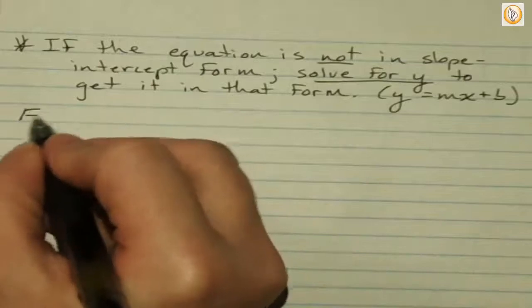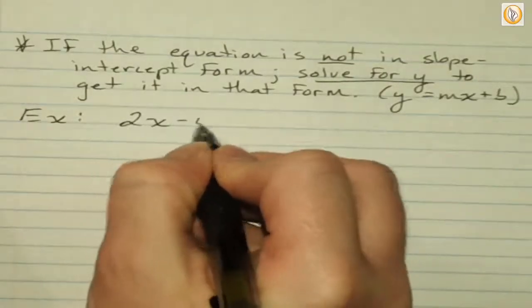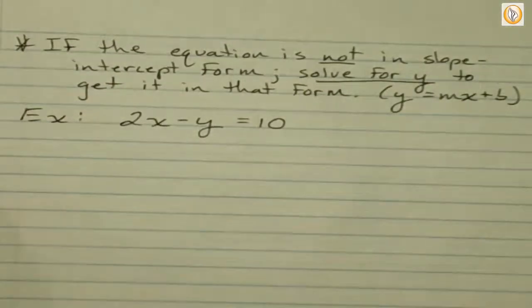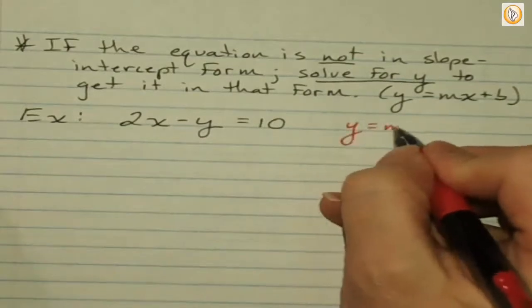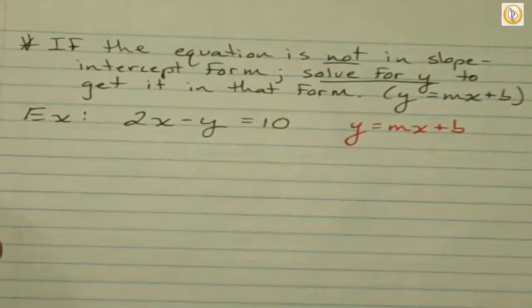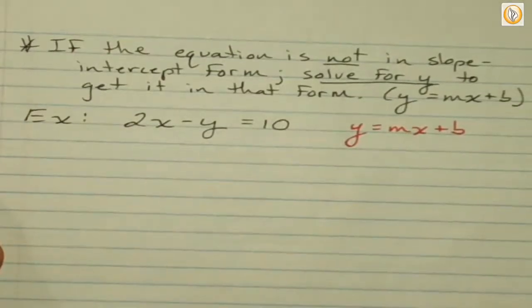For example, what if I have 2x minus y equals 10? Is that in this format? No. So we've got to do that. Volunteer. Joseph, help me to rearrange all this to get it in that format. First you have to substitute x with 0.